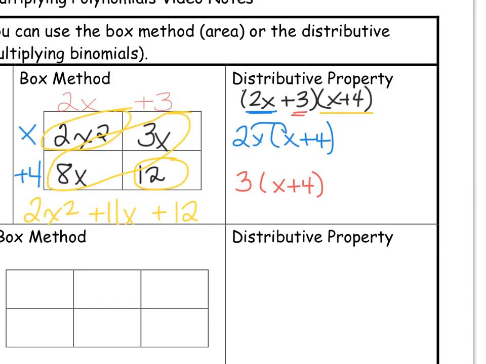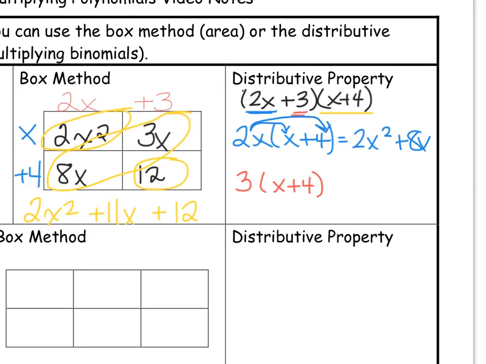So if I multiply 2x times x, that gives me 2x squared, which is right here. Now I'm going to multiply that 2x times the 4, and that's going to give me plus 8x, which is this term right here.